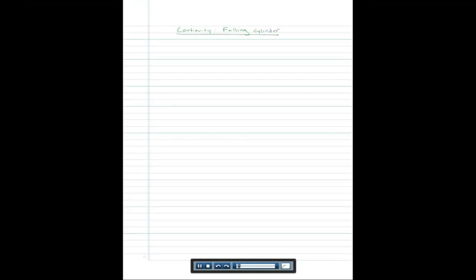Alright, this is the example with a pipe, and inside of the pipe is a cylinder. What we know about this situation is that the pipe has a diameter of 200 millimeters and the cylinder has a diameter of 150 millimeters.